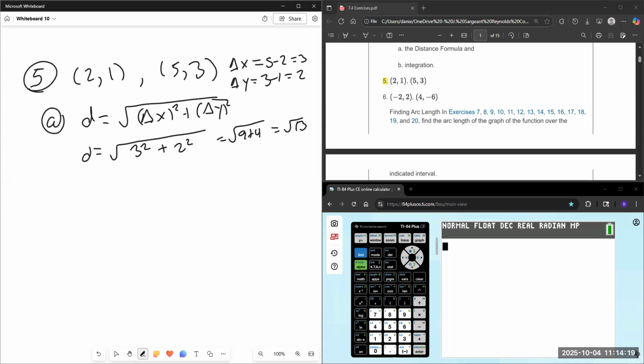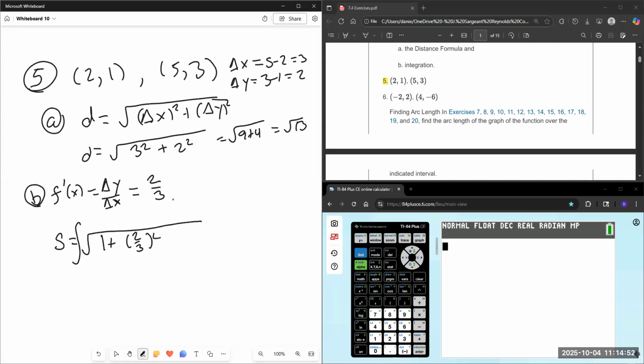Now, for part B, I'm going to need that for a line, f prime of x is equal to the slope, delta y over delta x, so I don't need to find the whole equation of the line. That's going to be 2 over 3. So s is equal to the integral from 2 to 5 of the square root of 1 plus 2/3 squared dx.